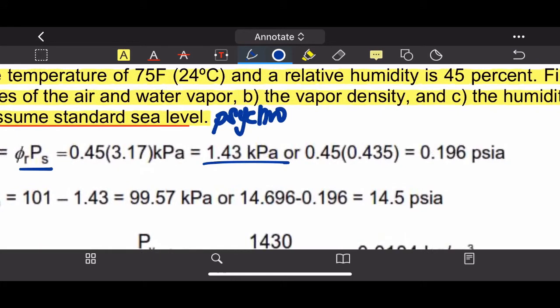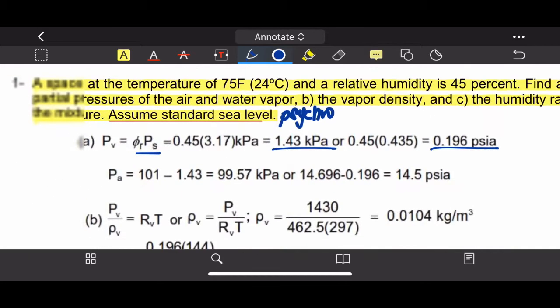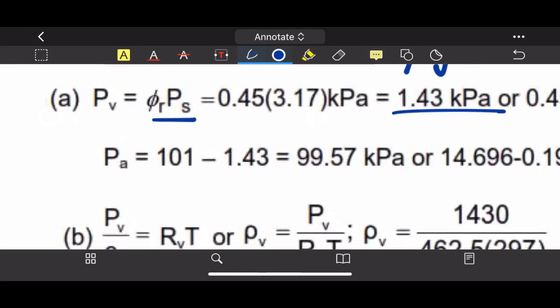Now you can also use the English unit, and you will find that the value is 0.196 PSIA. To find PA, the equation, with P always being the total pressure, is Dalton's law: P equals PV plus PA. So you rearrange this equation.